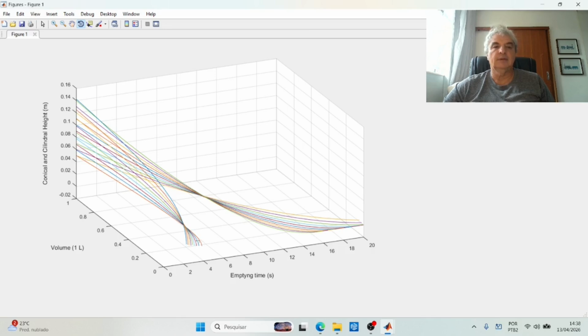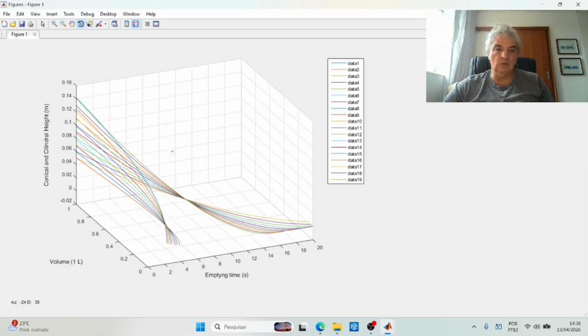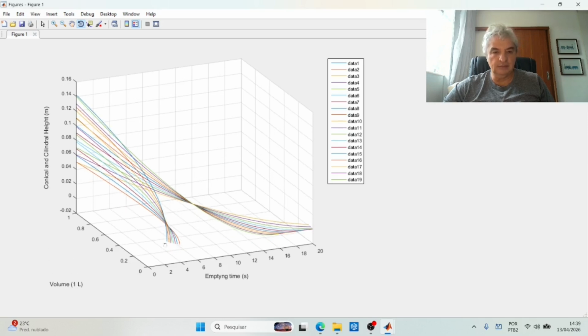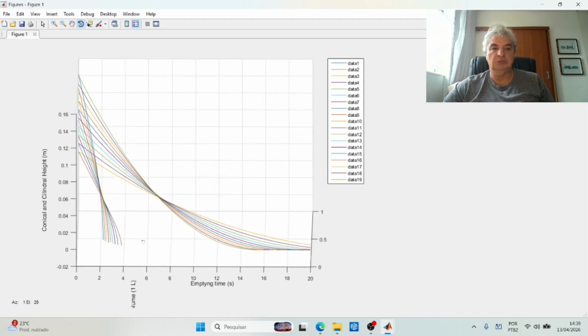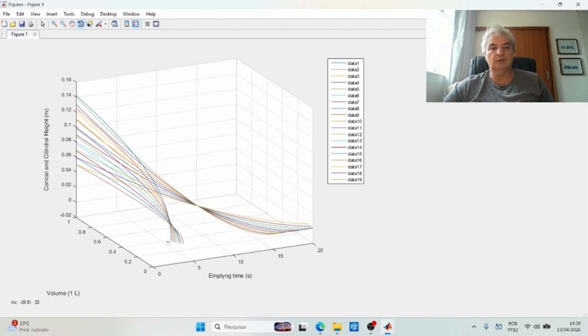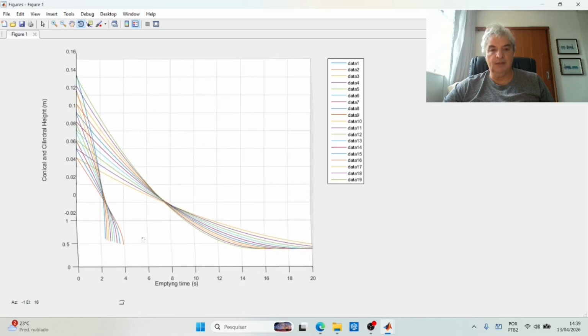If I insert a caption here, this first blue curve is due to the angle of 30 degrees, and as the angle increases the time increases. The cone emptying time is in the order of 2 to 4 seconds, and the cylinder takes much longer. Look there, 14 to 20 seconds for the same heights.